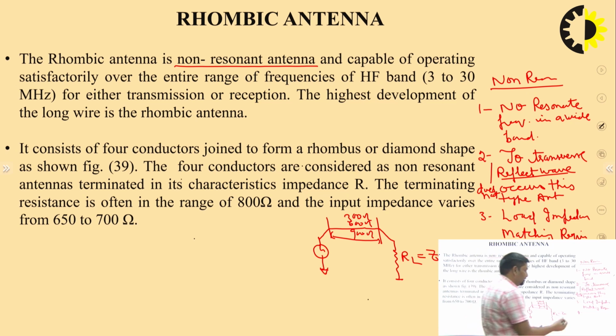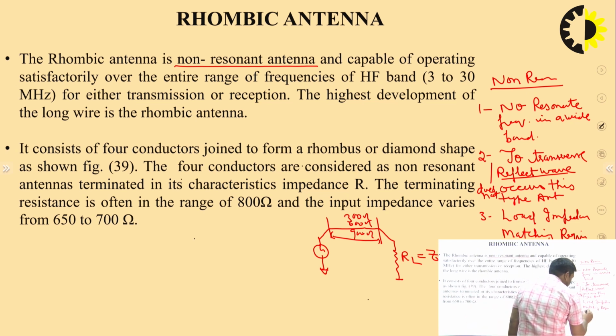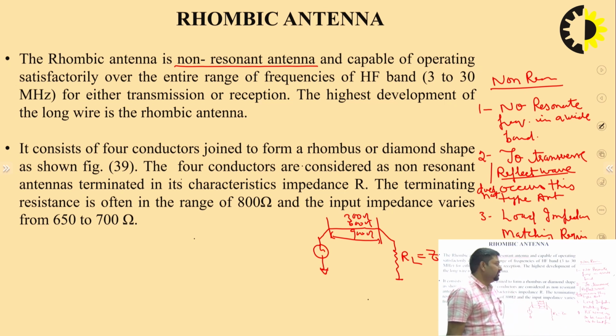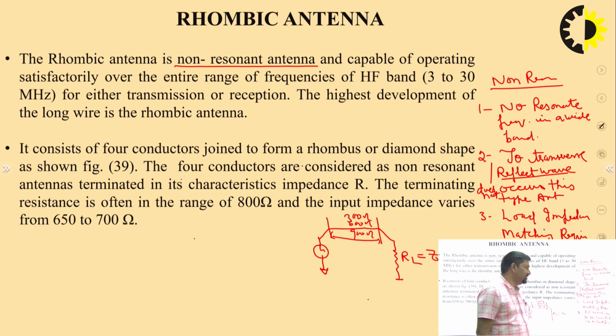So all of the RF wave is converted into heat flow. This is the main feature of the non-resonating antenna: no resonant frequency in a wideband, and no transverse or reflected wave in this type of antenna.